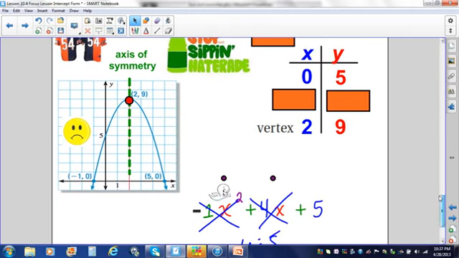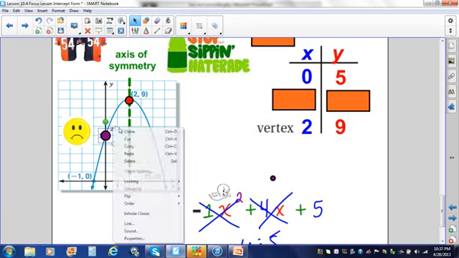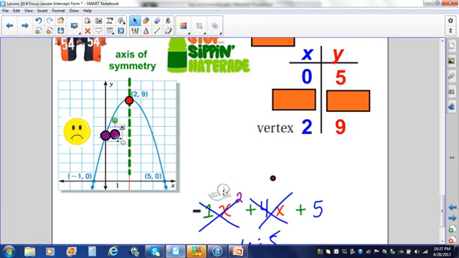So now I can go 0 and go up 5. Mirror image. I'm going to go 1, 2, 1, 2. There we go. I also can put in 1 down below.